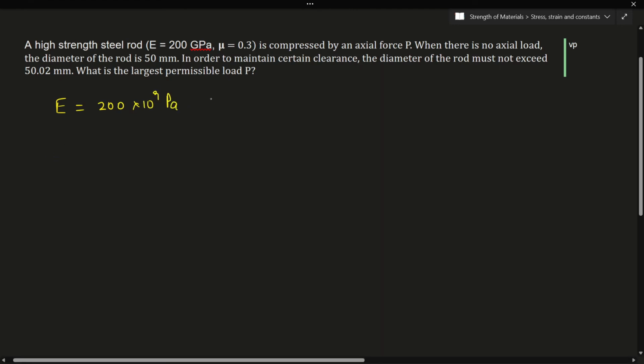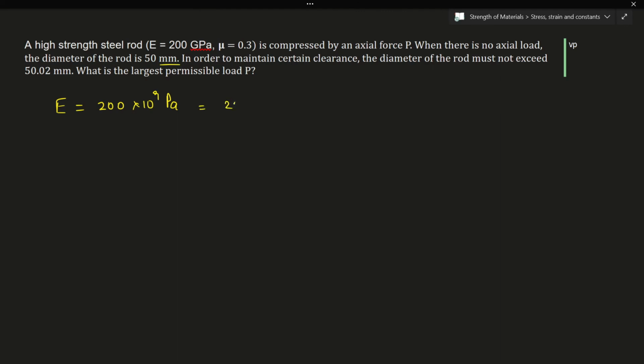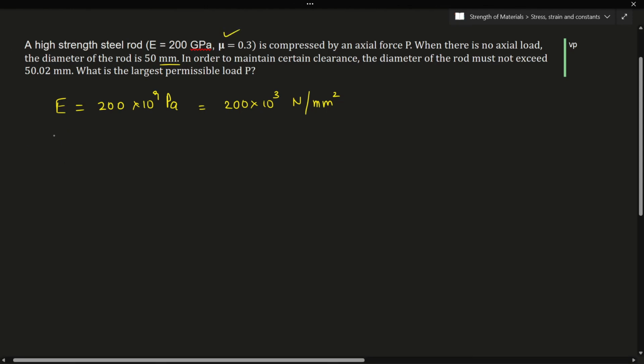Let me check the other dimensions here. We have mm, so I'll keep this in mm as well. So this is nothing but 200 into 10 to the power of 3 Newton per mm square. And here nu is the Poisson's ratio. For the sake of simplicity, I'll be using nu only. Nu is equal to 0.3.